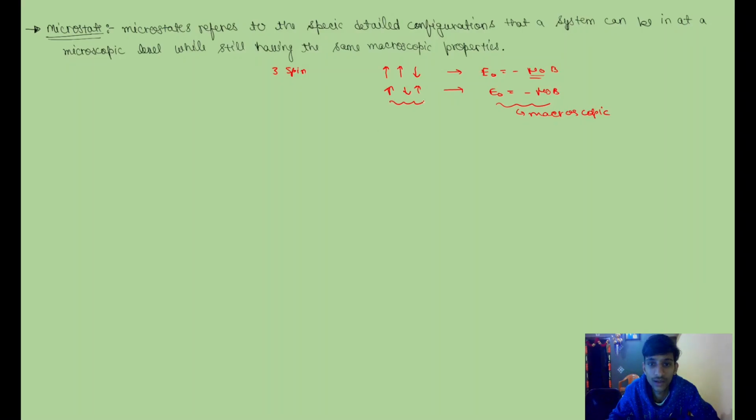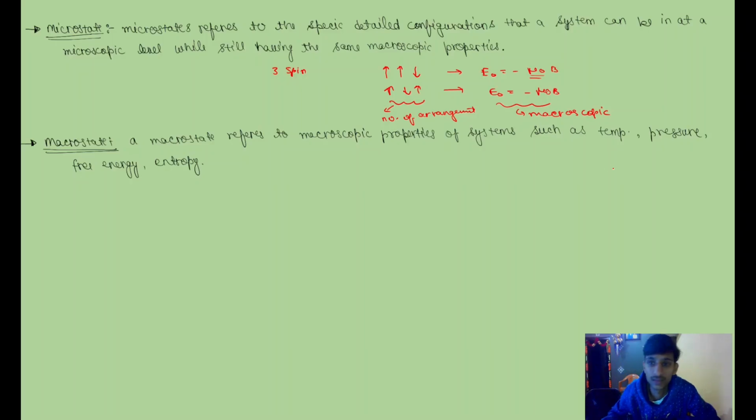What I am doing here is just changing the number of arrangements, and this arrangement is what a microstate is. And what will the macrostate be? The macrostate corresponds to the macroscopic properties of the system, just like temperature, the pressure could be the same, the free energy or the entropy.